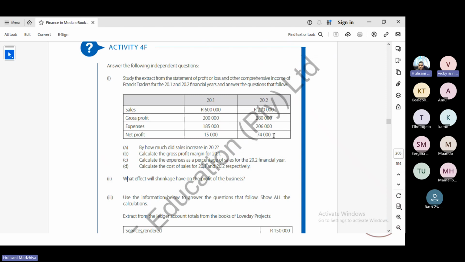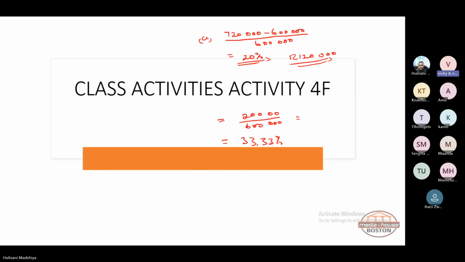Yes, I said 200,000 divided by 600,000 times 100, but still got the same answer. 33. Yes, 33.3% is the correct answer on number B. Any question on that?